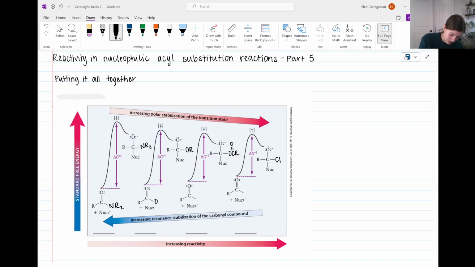And then next are the esters, next are the anhydrides, and last are the chlorides. So we can write the functional group names here. So we have amides, and then esters, and then anhydrides, and then acid chlorides.